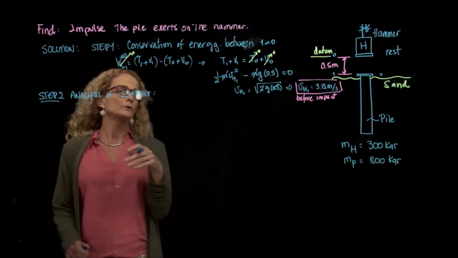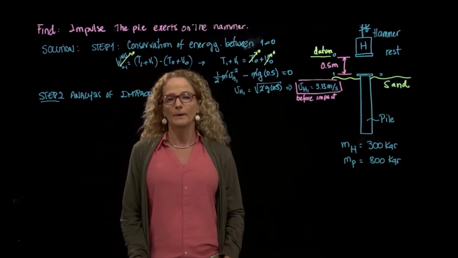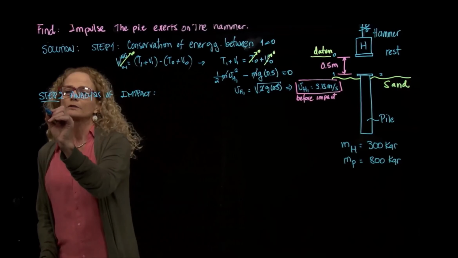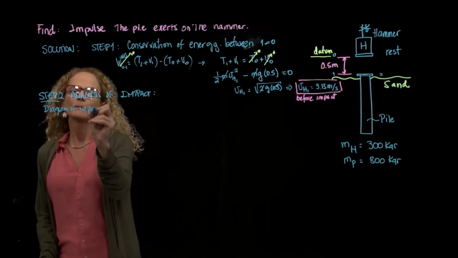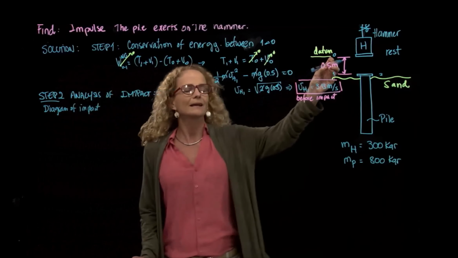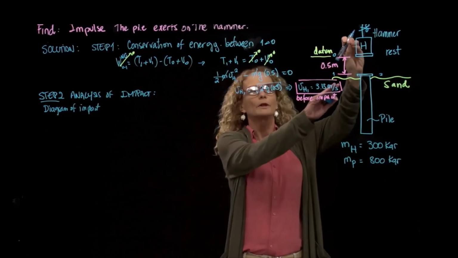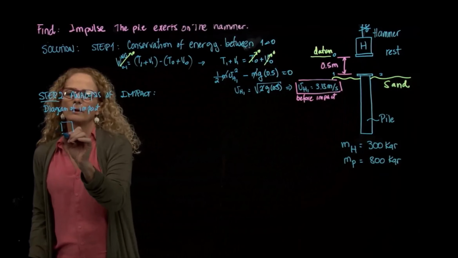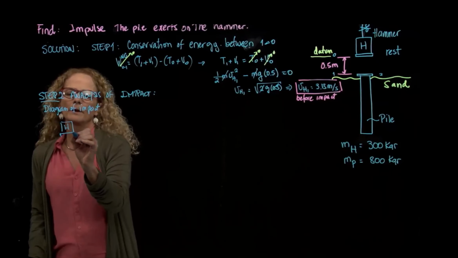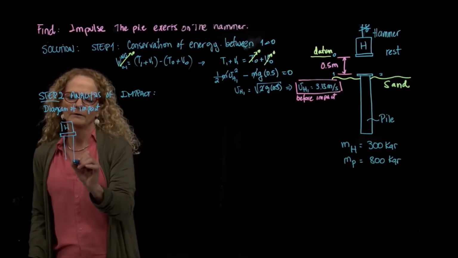For that, we will use the principle of impulse and momentum. We will first do our diagram of impact. And since they say it doesn't rebound, I will put the pile and the hammer together.